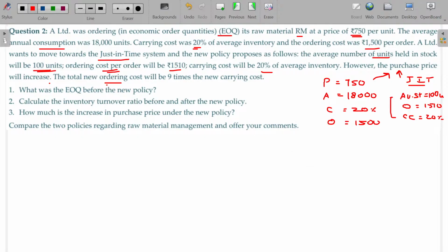The total new ordering cost will be 9 times the new carrying cost.